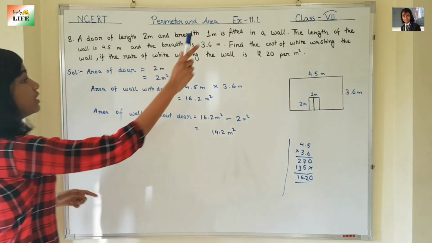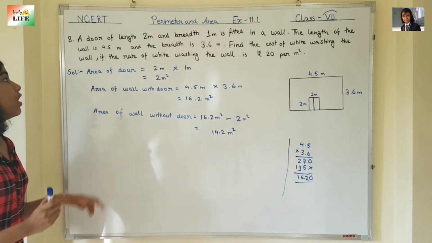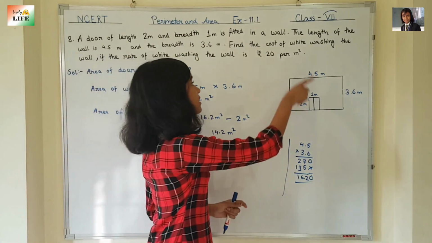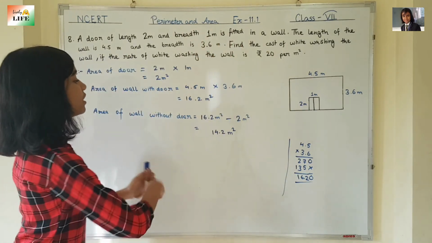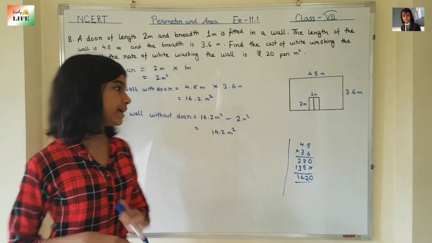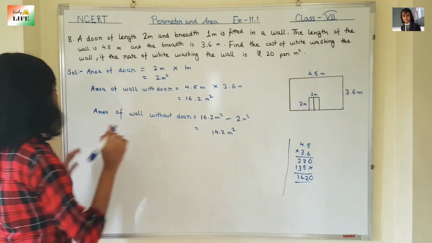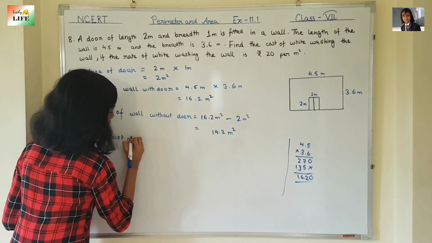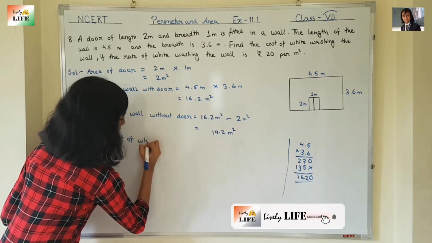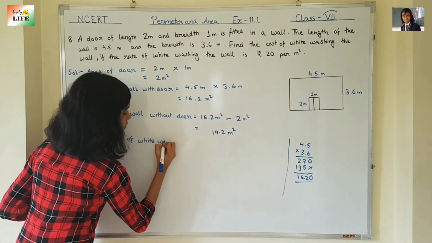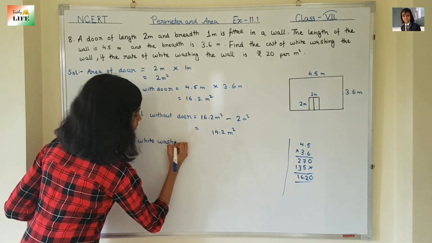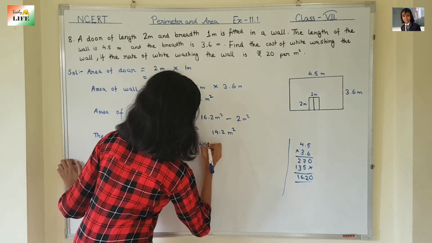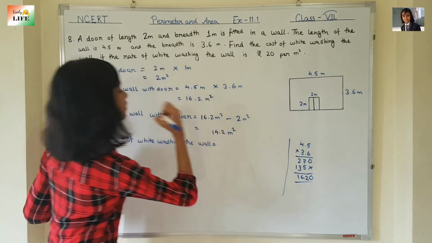Now we need to find out the cost of whitewashing the wall. The rate of whitewashing the wall is rupees 20 per meter square. 1 meter square's rate is rupees 20. Then what will be 14.2 meter square's rate, right? So the cost of whitewashing the wall, what we are going to do?